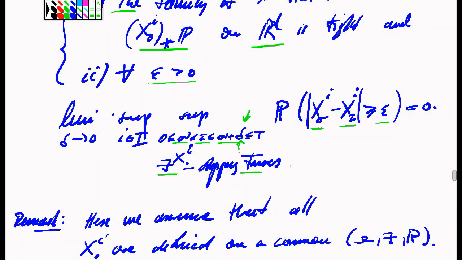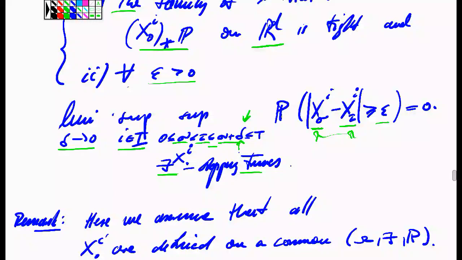So we want that such a probability converges to zero when the possible time difference between the two stopping times sigma and tau converges to zero, and this probability should converge to zero uniformly with regards to this collection of stochastic processes and uniformly with respect to the possible choices of all stopping times which satisfy this condition.